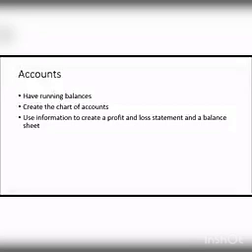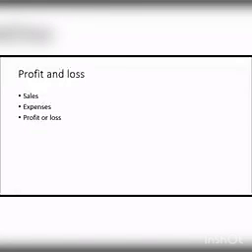We use the accounts and the totals on the accounts to create a profit and loss statement and a balance sheet. The profit and loss statement tells you how much profit or loss a business has made. We get the totals from the sales accounts and the expense accounts, we deduct the expense totals from the sales totals, and that gives us a profit or loss, hopefully a big nice profit.